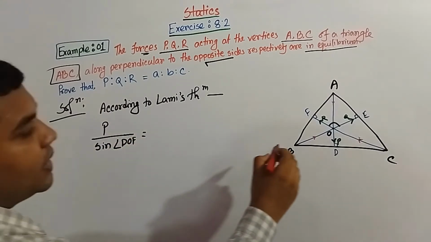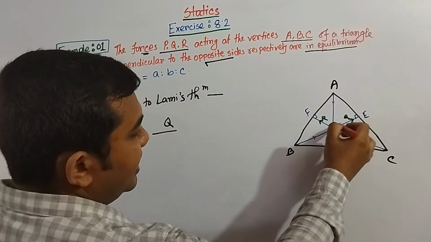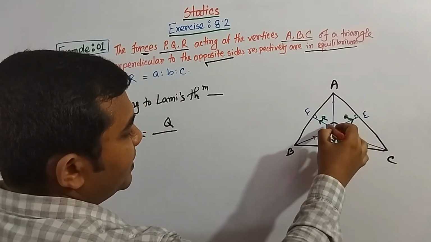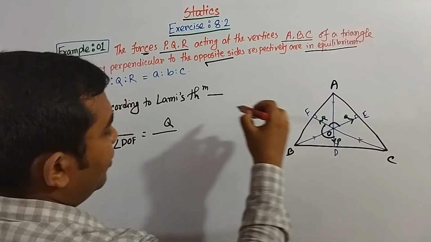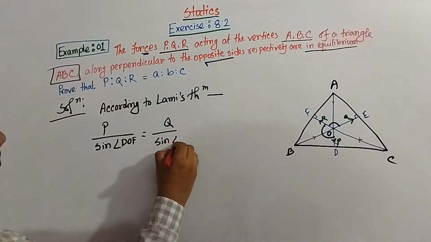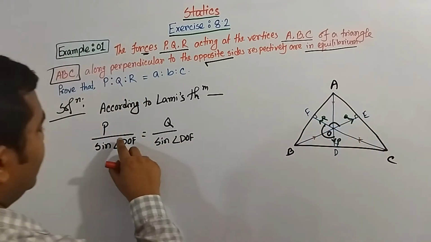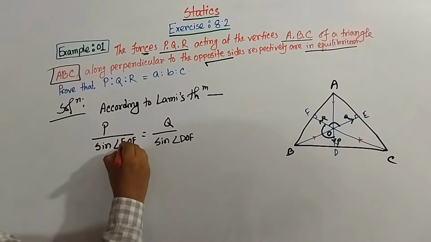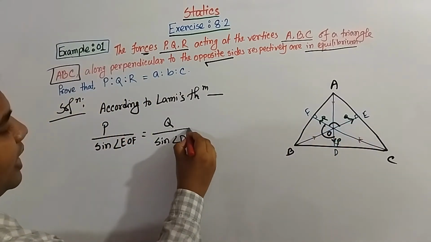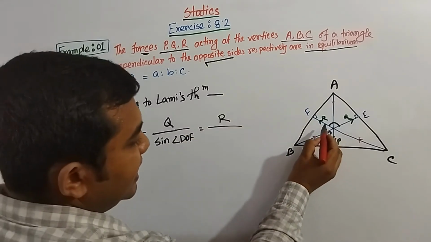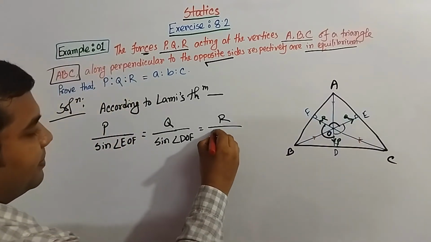Then the angle Q over here is working the angle, so it should be that angle, that is DOF. Sorry, it was EOF, that angle, and it is DOF, this angle, and R is working that way, so it should be this angle, that is DOE.